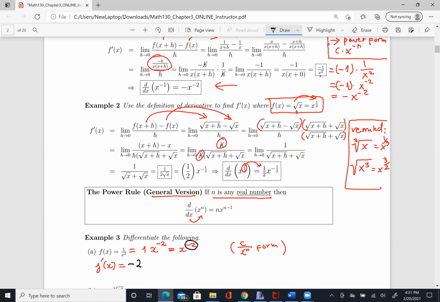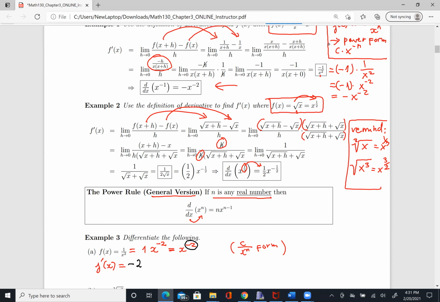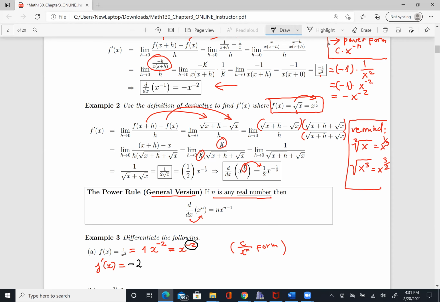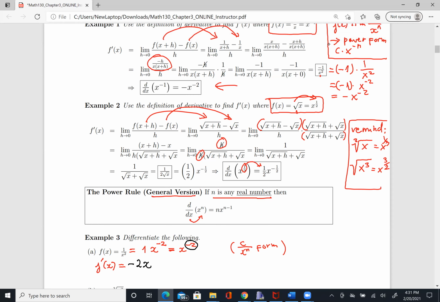Put -2 in the front as the coefficient, and then the variable is x. And now the new power for the derivative is going to be the original power lowered by 1 unit. So -2 - 1, and I can write it as -2 times x power -3.